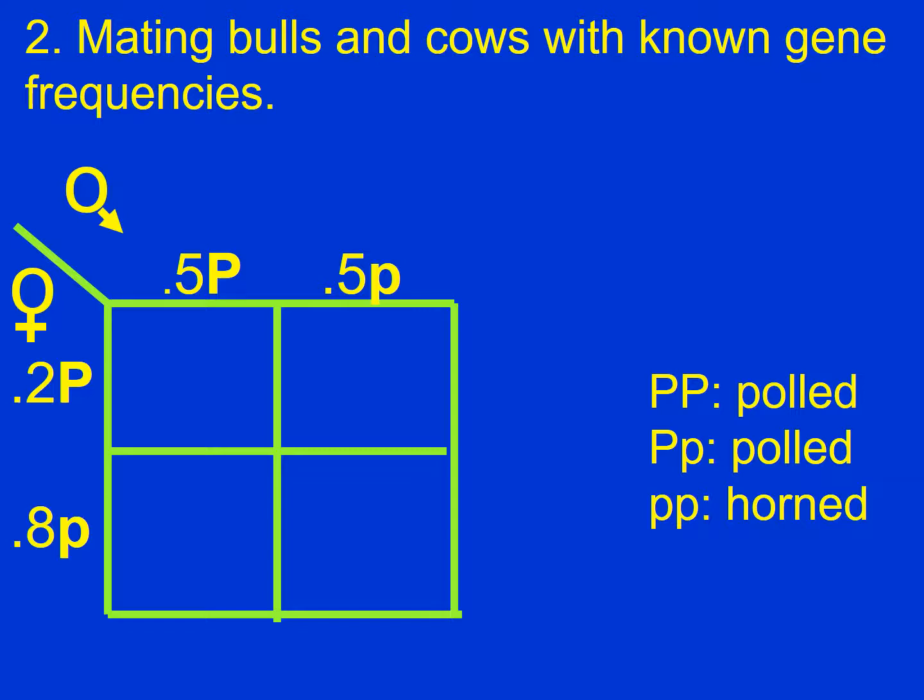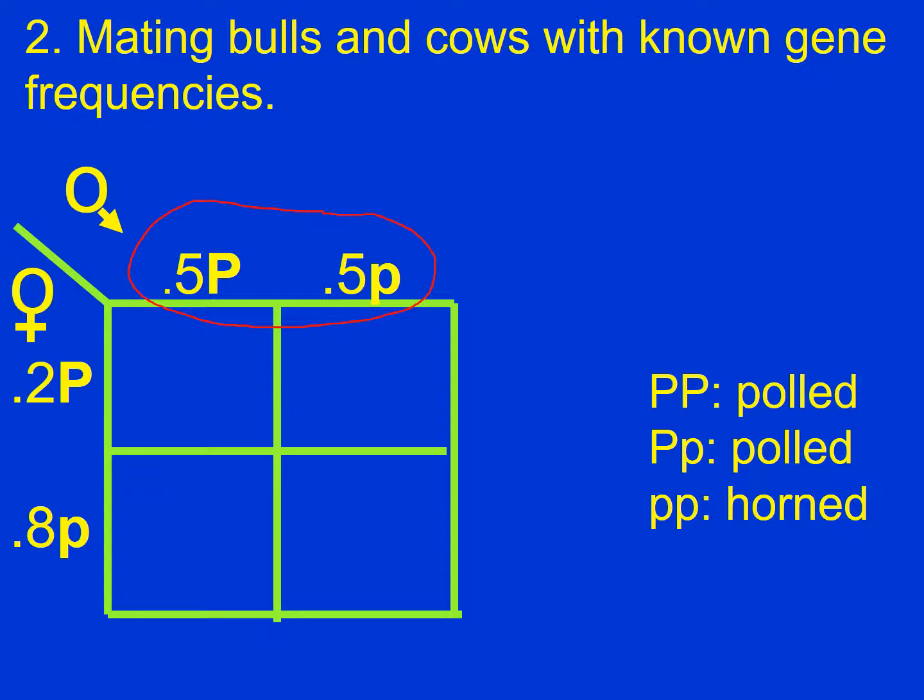Now we're carrying the concept just a little further. Previously, we were just mating two individuals. In this case, we may be mating a bull that's heterozygous for our traits here. He's got the big P and little p, and he's got a 50% chance of donating the polled gene, 50% chance of donating the horned gene.